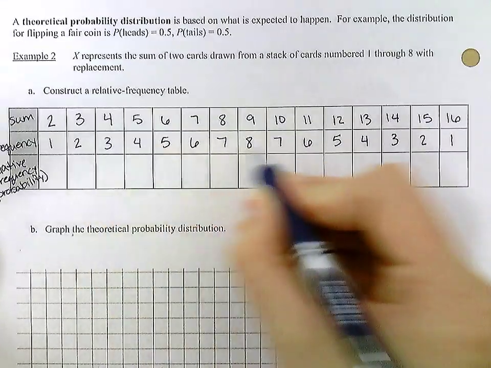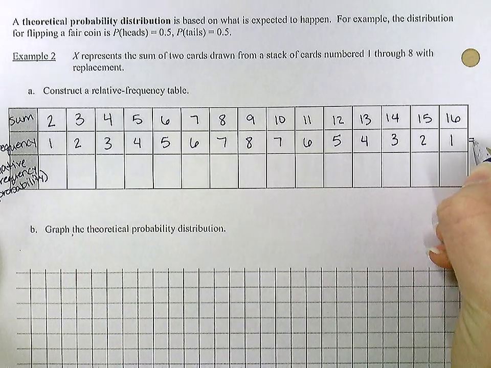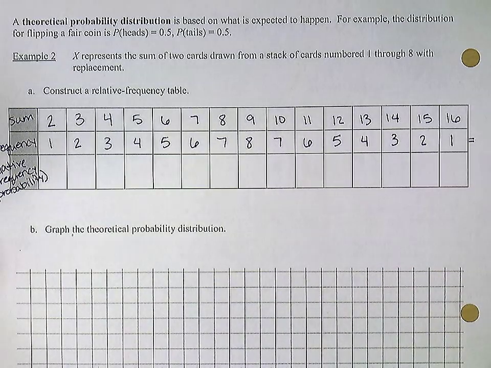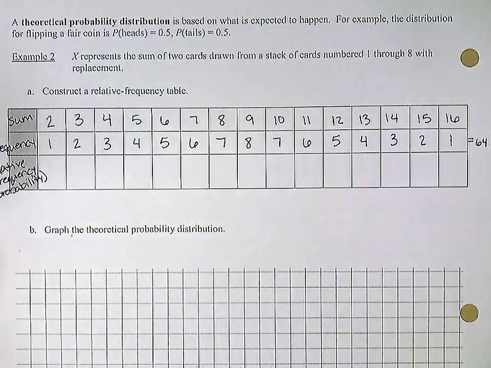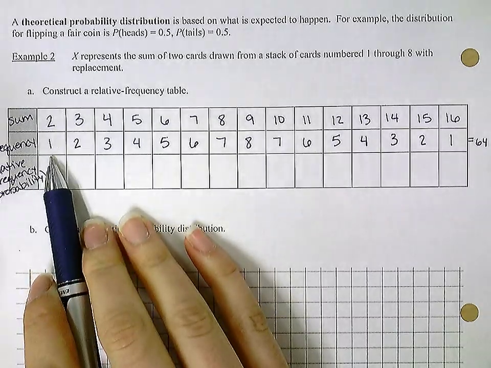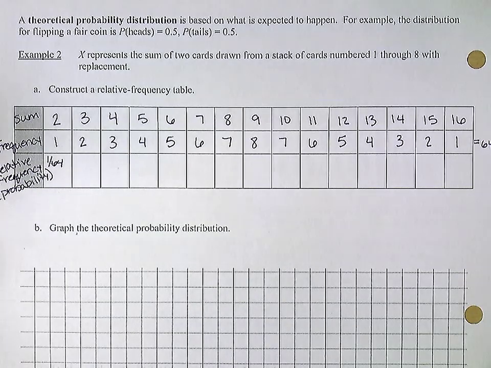So we need to add up every single one of these combinations and what that total would be. Okay, that total is 64. So to find my probability for a sum of 2, I take that frequency of 1 and divide by how many different combinations I have. So 1 out of 64.